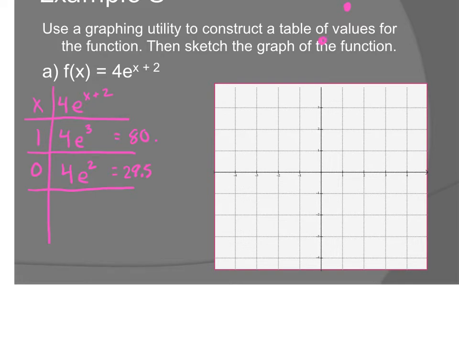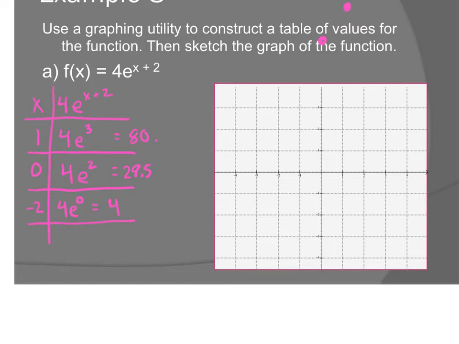What else can we plug in? -2. So we have 4 times e to the power of 0. What's e to the power of 0? 1. Anything raised to the power of 0 is 1. And then 1 times 4 is 4.